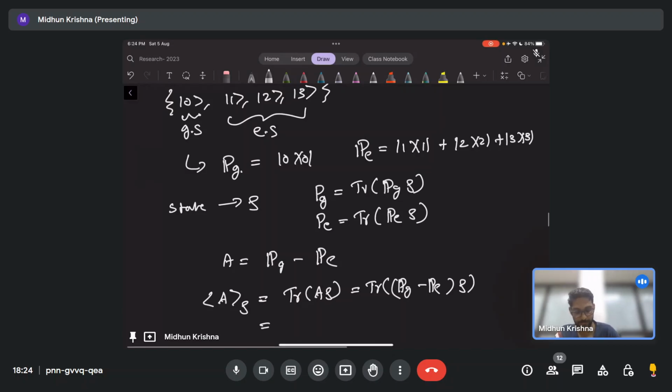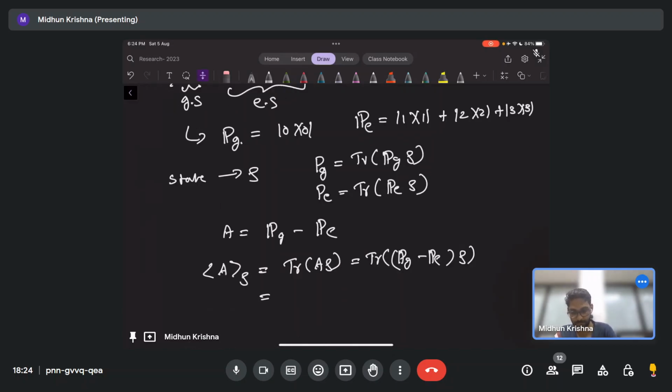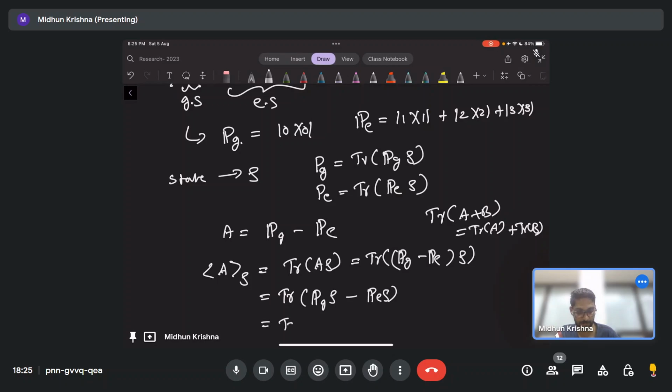Which comes out to be what? Trace has this property: trace of A plus B is trace of A plus trace of B. So what that means is I can write trace of PG rho minus PE rho, using the above property, as trace of PG rho minus trace of PE rho.